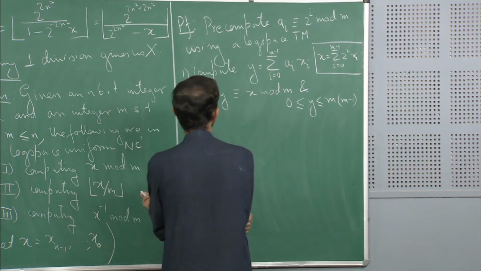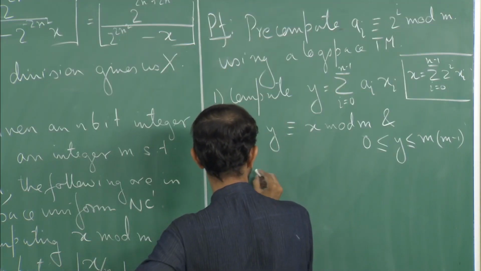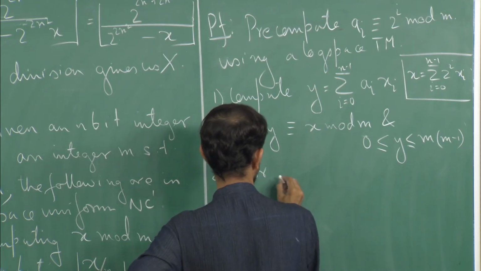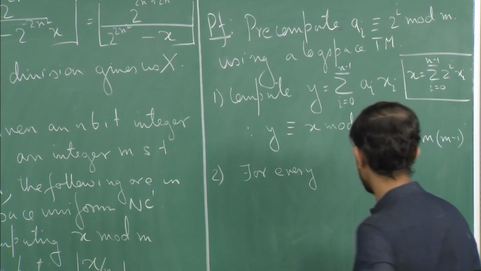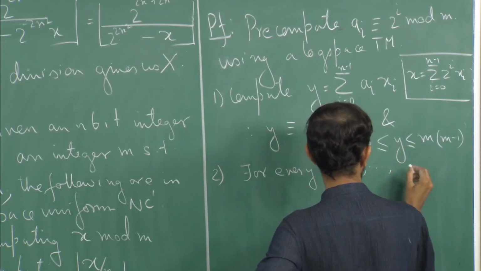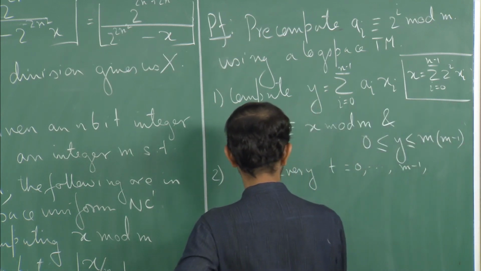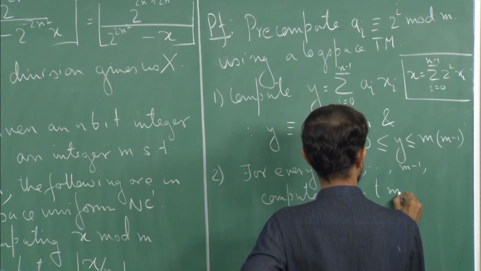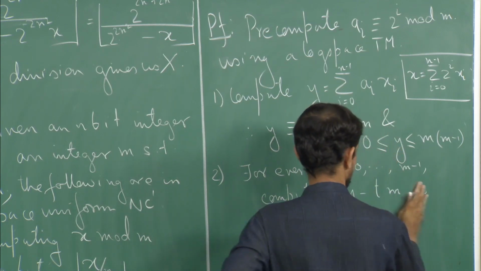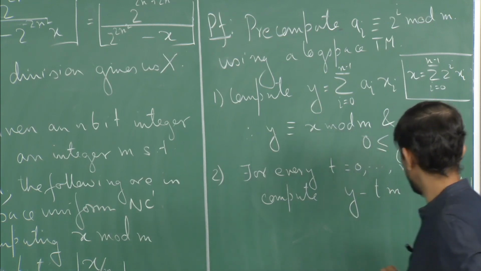So now what we do is, for every t from 0 up to m minus 1, compute y minus tm in parallel.